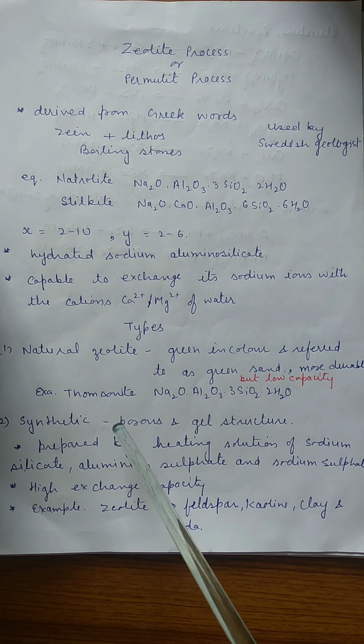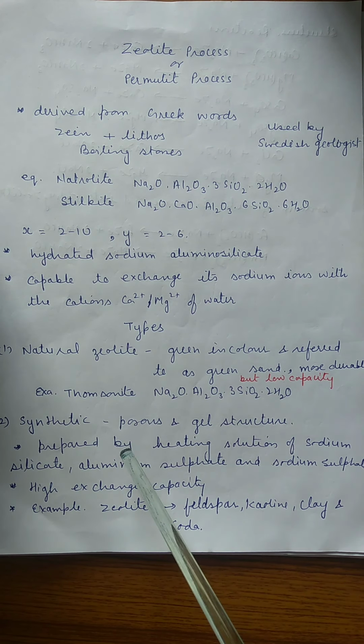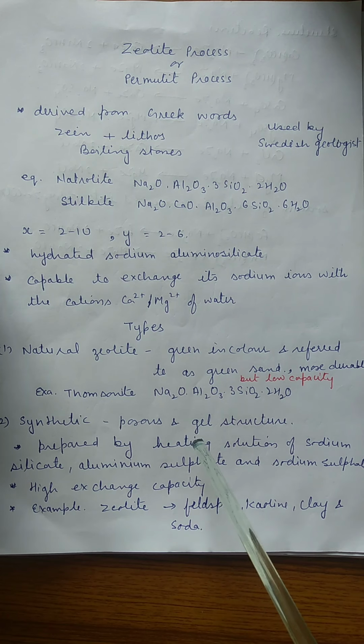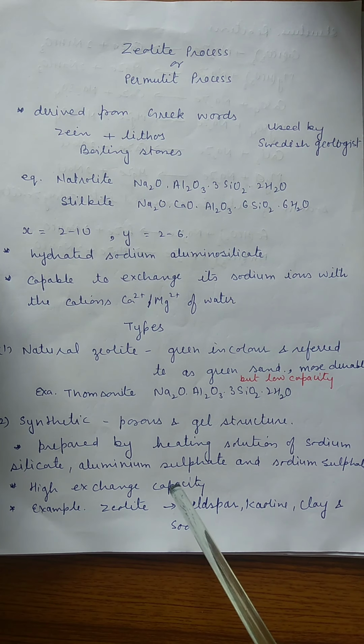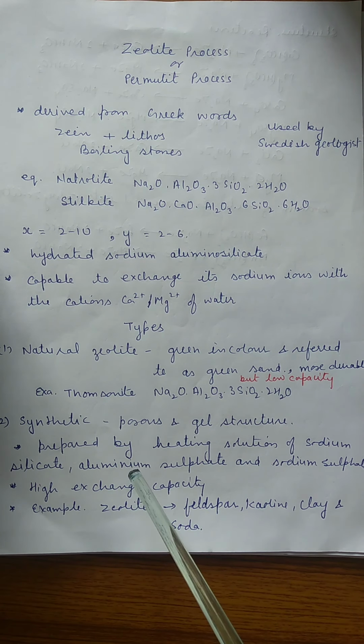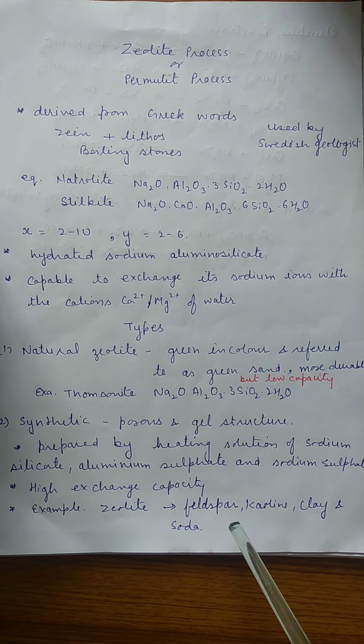Synthetic zeolite has a porous, gel structure and is prepared by heating a solution of sodium silicate, aluminum sulfate and sodium sulfate. It has a high exchange capacity. Examples are zeolite, feldspar, kaolin, clay and soda.